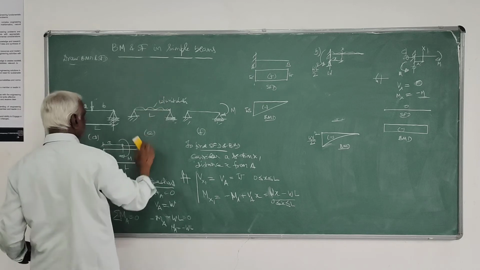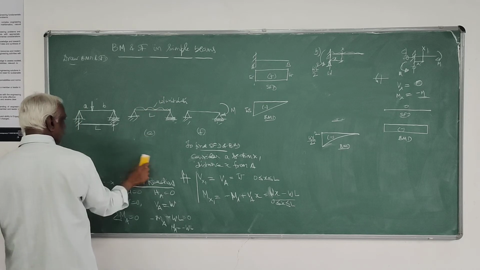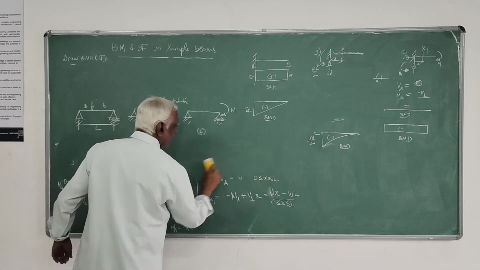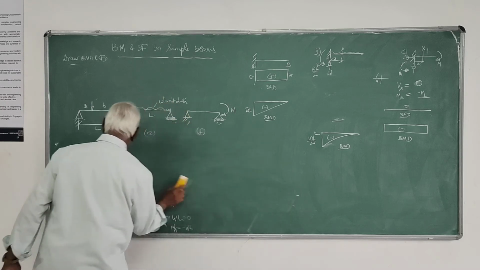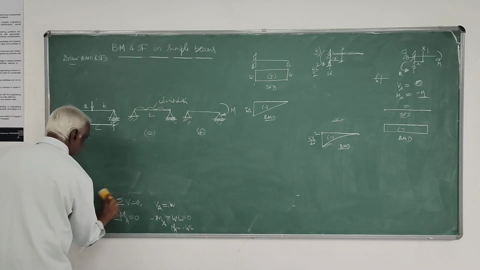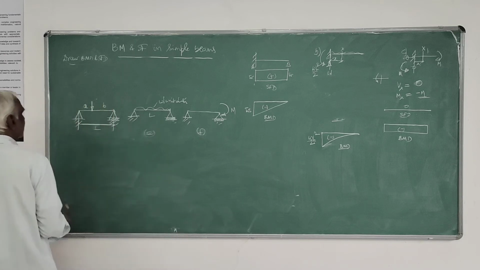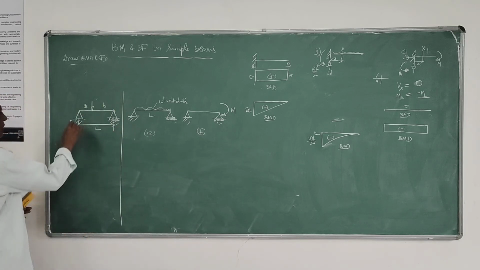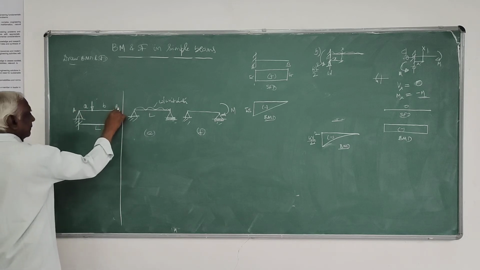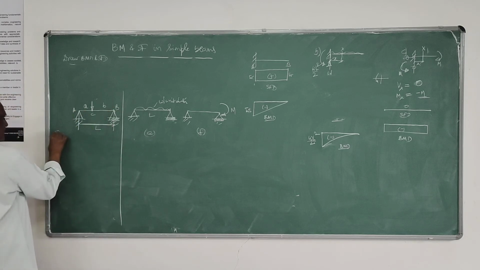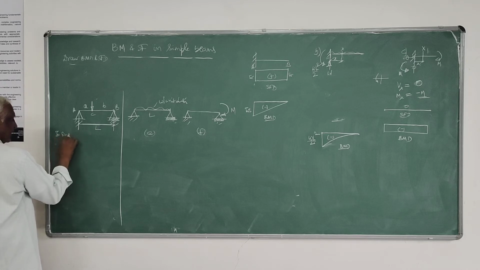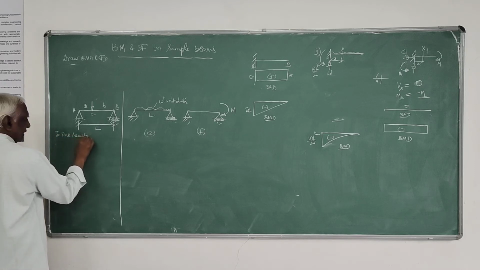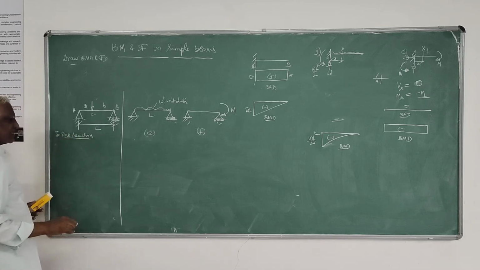How to draw the bending moment: you take a simply supported beam. If you take simply supported beams one by one, for the first problem, first find the reactions. Call these points A, B, C. The first step is to find the reactions. You apply three equations.